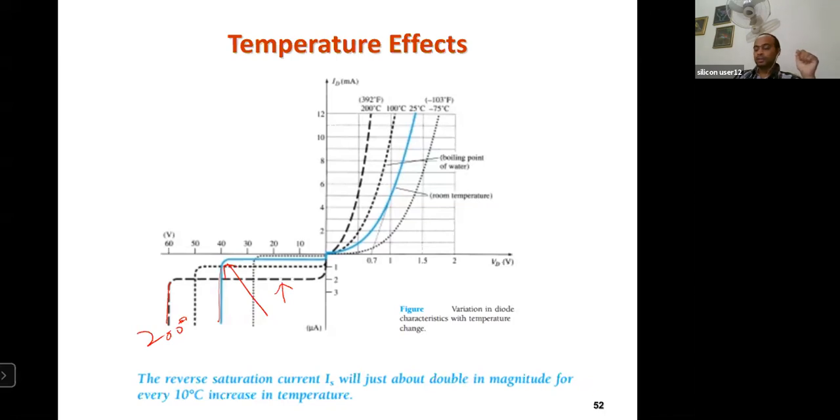So that's why this reverse voltage PIV is greater than this PIV at 25 degree centigrade. तो उतना याद रखो कि if the temperature increases, then the PIV will also be increased.